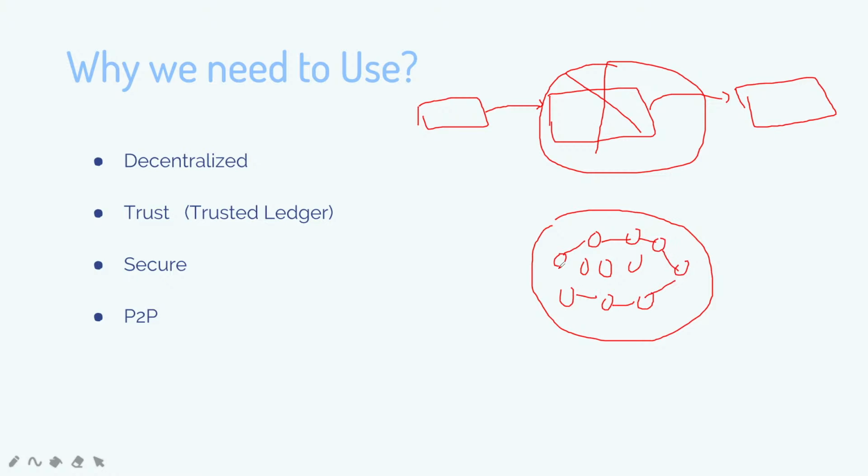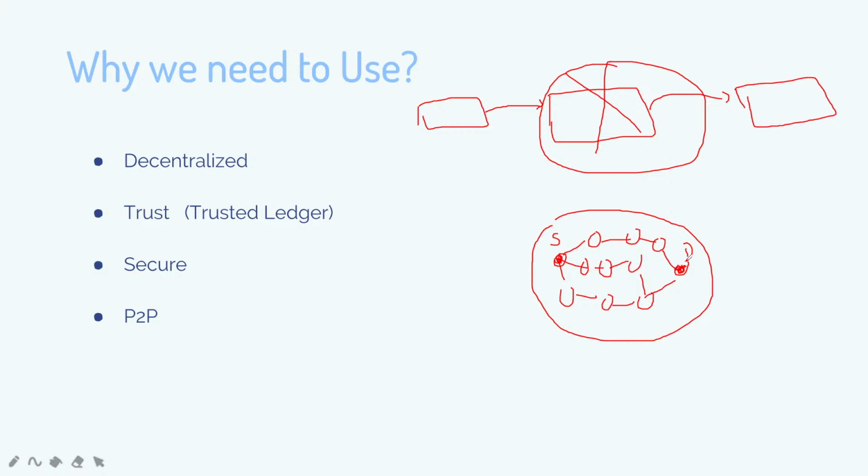So whenever I need to transfer any amount to a particular person, from source to destination, I can easily transfer from here to here. So this is called a decentralized network. Generally it's one of the easiest and one of the most secure.